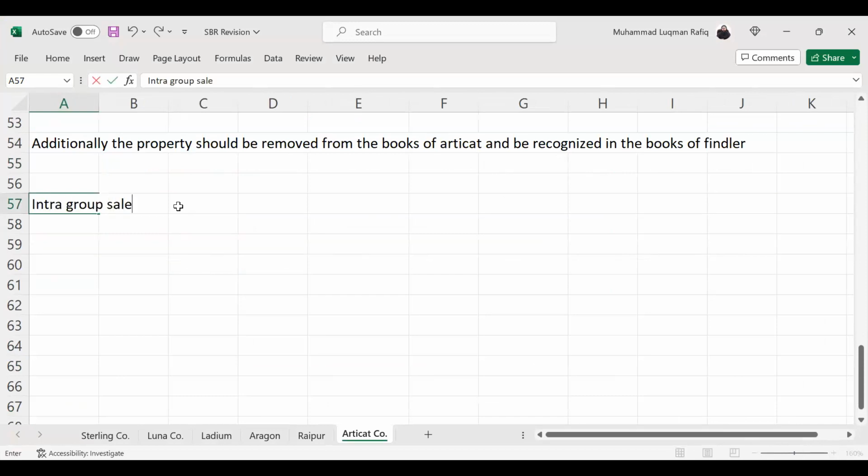Intra-group sale of 30,000 to be removed from sales and cost of sales.